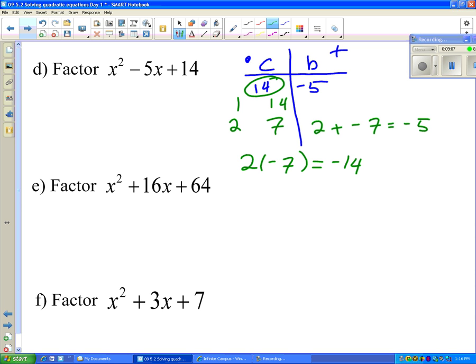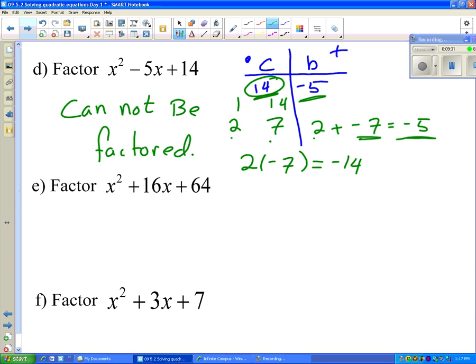So I cannot get this to work. 2 and 7 won't add to be negative 5. 2 times a negative 7, which will add to be a negative 5, won't multiply to be positive 14. So I have to say that for now, this cannot be factored. Now, this will happen every once in a while, but it won't happen extremely often. So I just have to be aware of that.